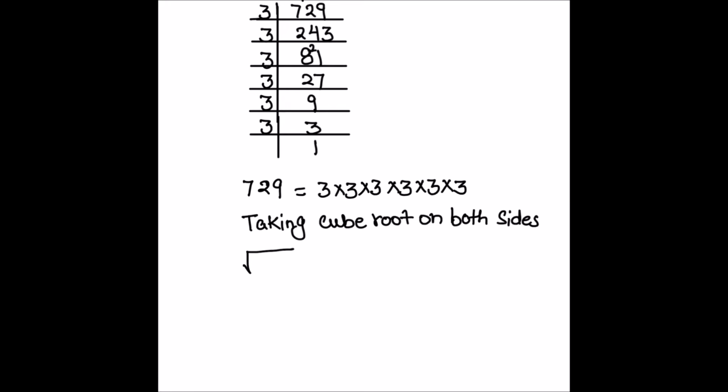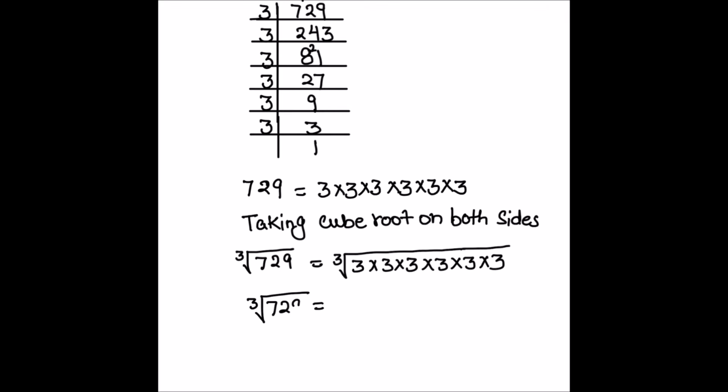So cube root of 729 will be equal to cube root of 3 times 3 times 3 times 3 times 3 times 3. As we are finding the cube roots, we have to find the triplets here. So here 3 times 3 times 3 will be one triplet. That means 3 numbers are there together, and 3 times 3 times 3 will be the other one.